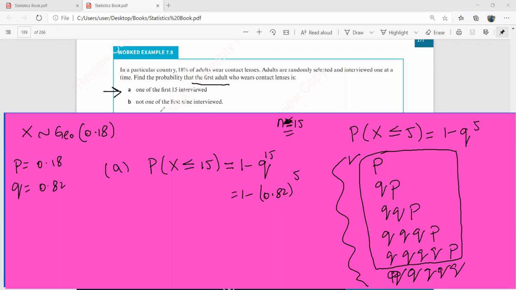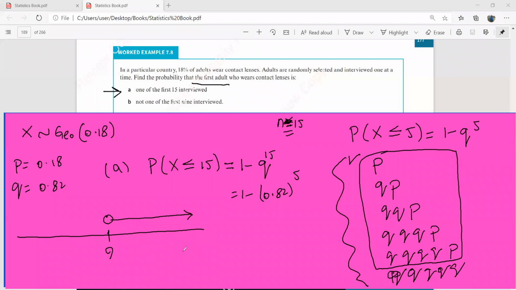Now look at the B part: not one of the first 9 interviewed. For this I'll show you the number line. This means this person is going to be somewhere in this region. He's not one of the first 9 interviewed.